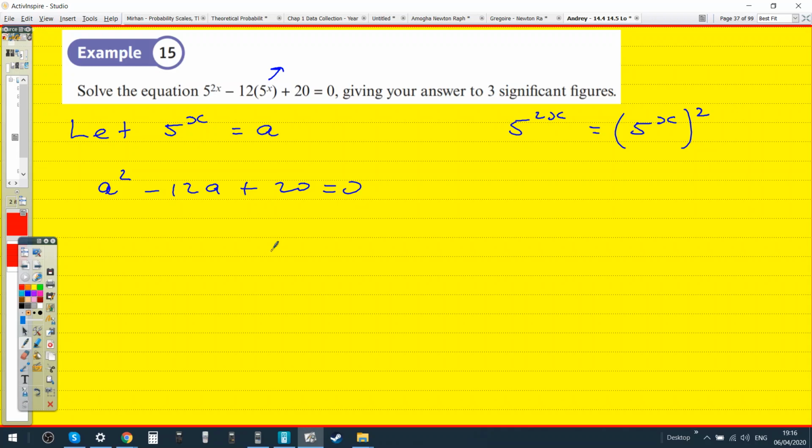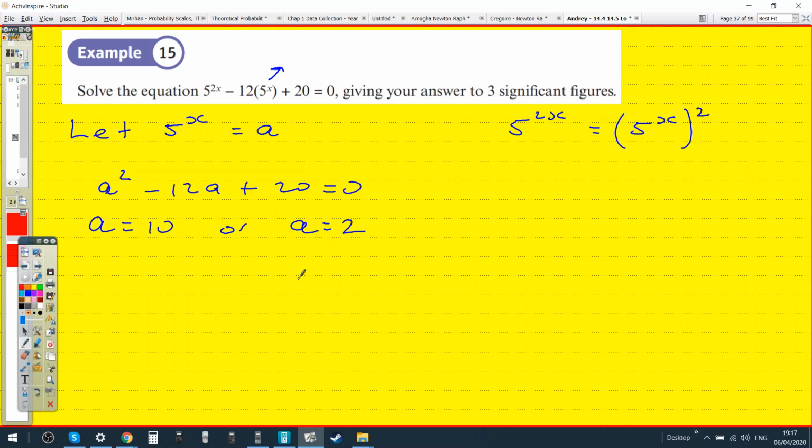I got that a is either, or even actually x is either 10 or 2. And so are those our answers?